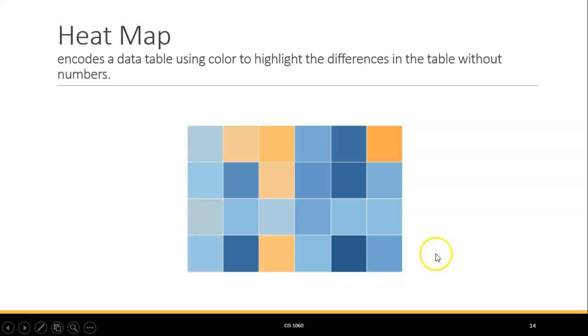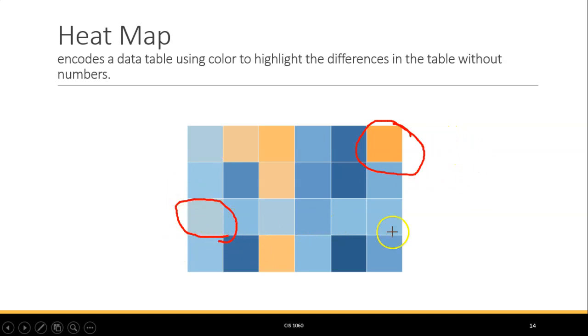All right, a heat map. It's a lot like the choropleth, but it doesn't necessarily have the geographic locations. Usually the hottest value is a very warm color that's very saturated, and the lowest value might be a cool color that's not so saturated.